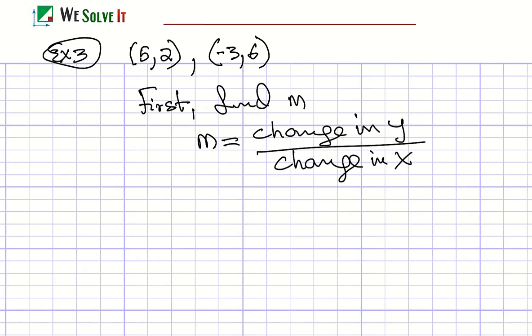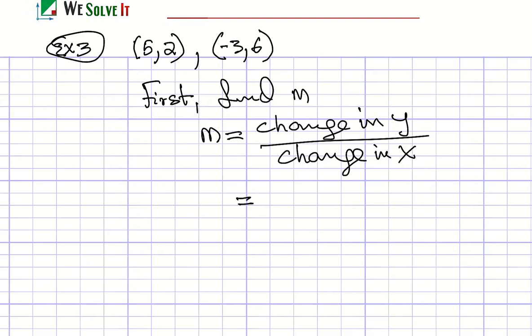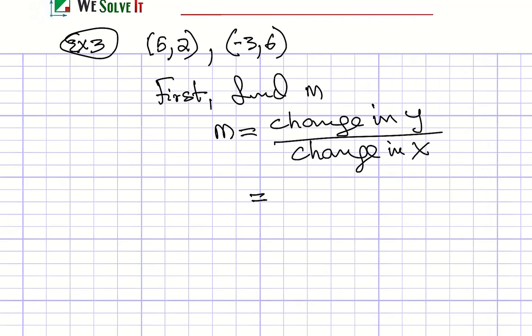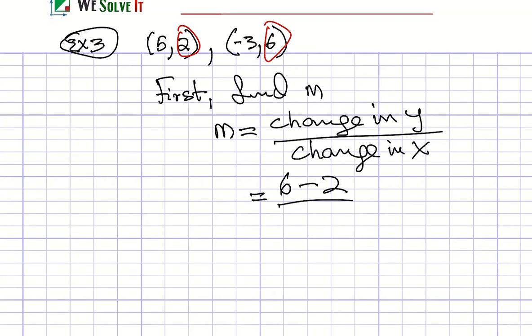We say slope is equal to change in y, 6 minus 2, using these numbers here. See, those are y, right? And then 5 and minus 3 are x.